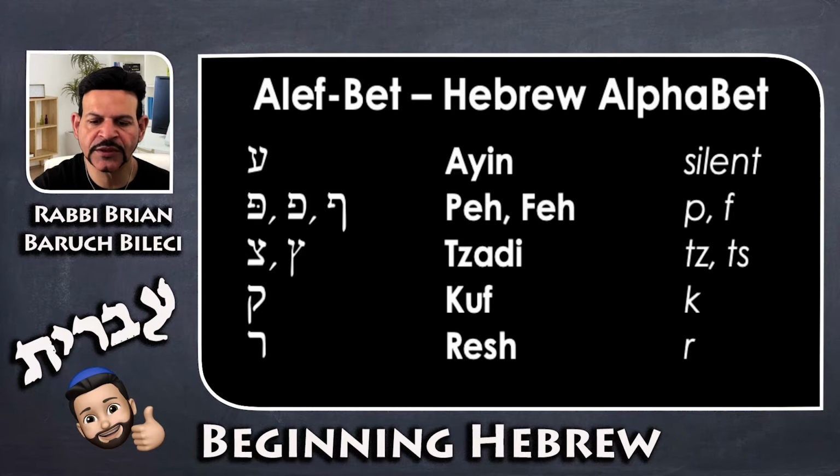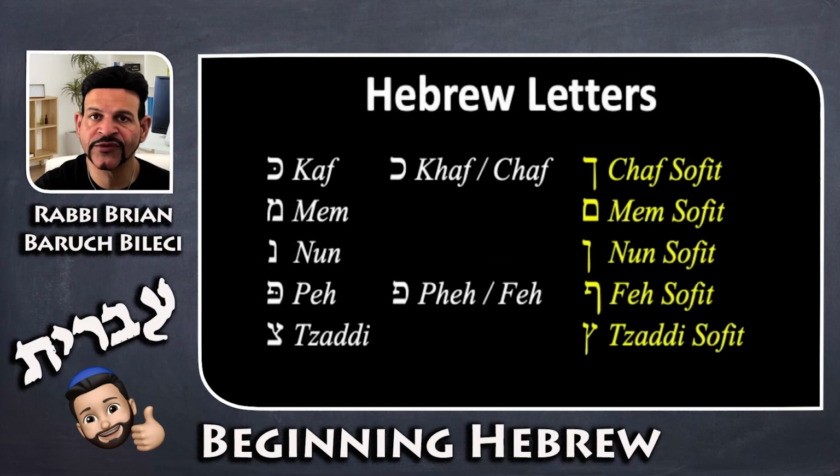Now, what are these letters that we're calling Sofit, or they look different at the end of the word? Well, there's 5 of them. Let's review them. Khaf with the dagesh, Chaf without the dagesh, and then Khaf Sofit at the end of the word here in yellow.